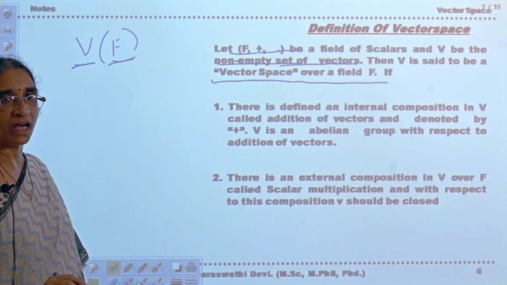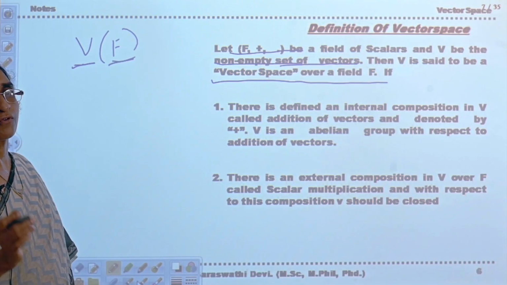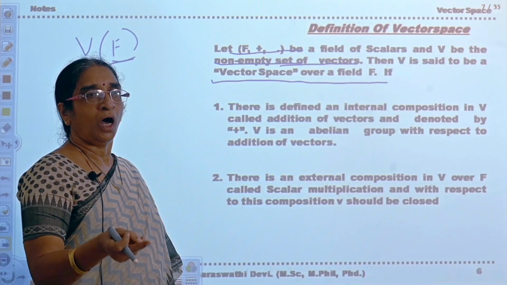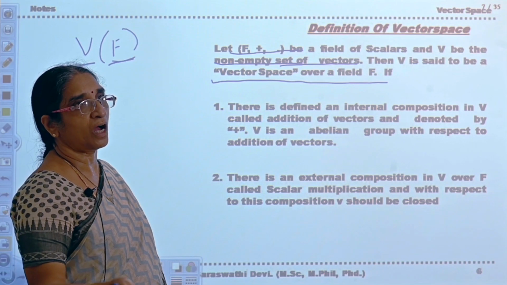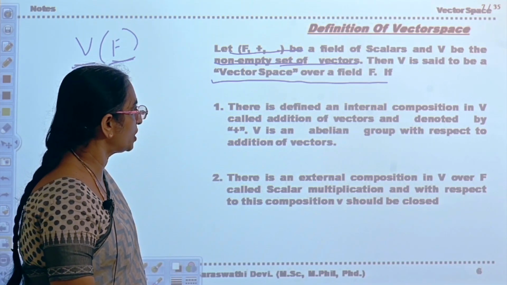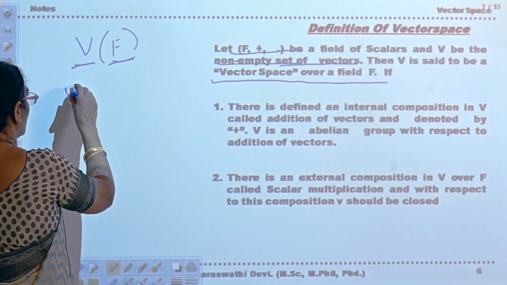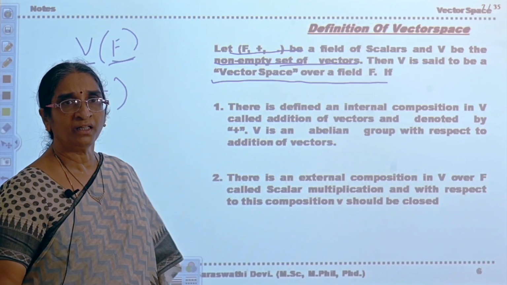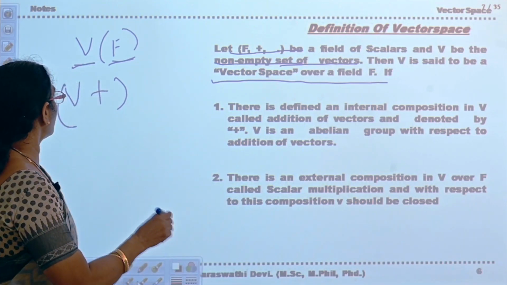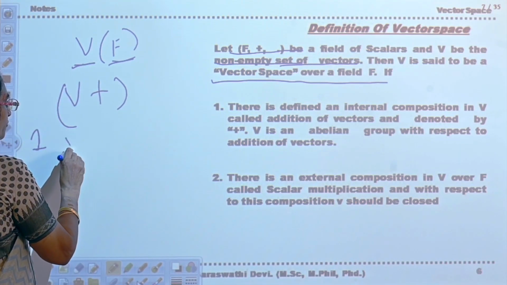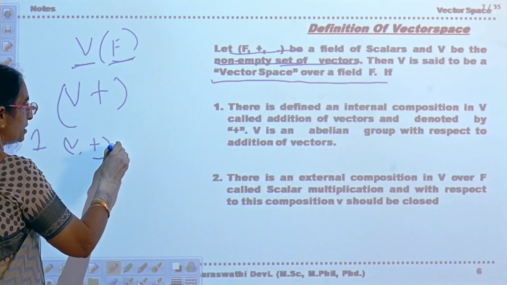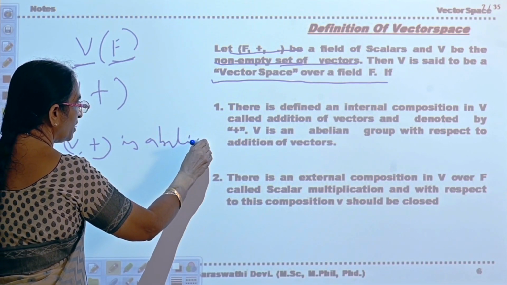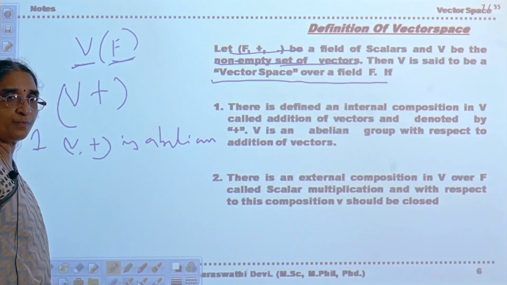V is said to be a vector space over the field F. When will you say that? Suppose you are able to define an internal composition or internal operator, name it as vector addition plus, on V, that is V plus, then V plus should be abelian. Abelian means it should satisfy 5 properties.